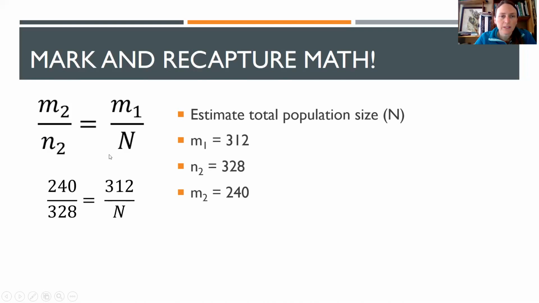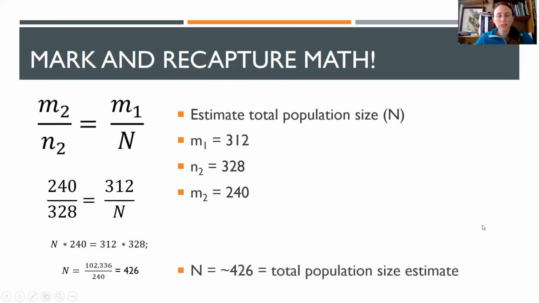Then we would put all of these numbers in: 240 divided by 328 is equal to 312 divided by N. We cross multiply, so N times 240 is equal to 312 times 328. Then we divide both sides by 240 to solve, and the answer is 426. So we would estimate the total population size in the pond at about 426 individuals.